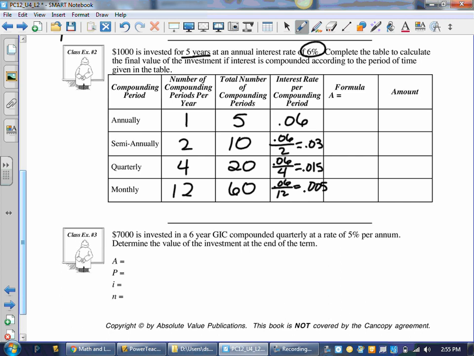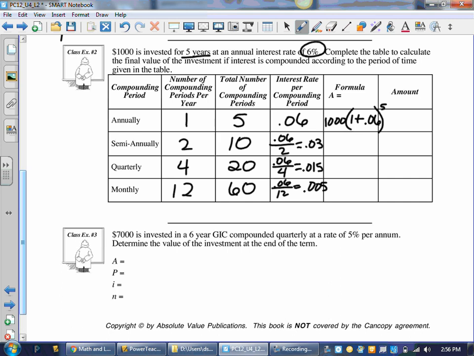So our formula is going to be our P, which is our initial investment, $1,000, times 1 plus our interest rate per compounding period, which in this case is 0.06, raised to however many compounding periods we have. So once a year for 5 years.